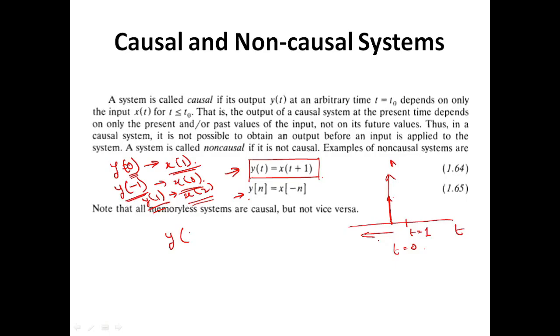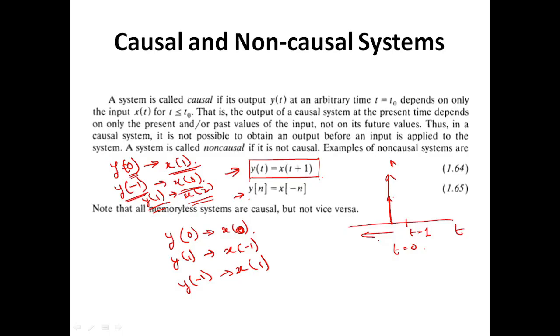Then let's consider the second one. y of 0 equals x of 0, y of 1 equals x of -1, and y of -1 equals x of 1.